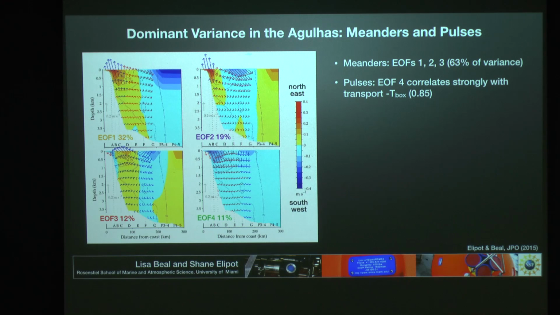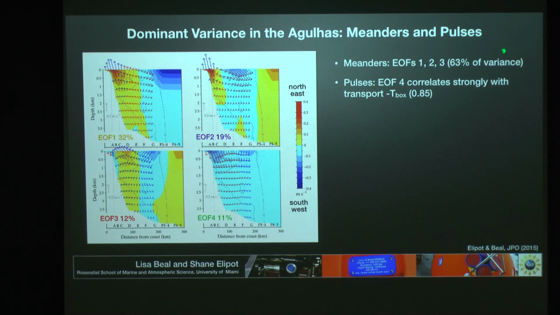And indeed, the second and third eigenmodes also, with increasing number of nodes, relate to shifting on and offshore of the jet. And then the fourth mode you can think of as more like a transport mode. So in this case, the whole cross-section is either strengthening or weakening, like a pulsing, okay?